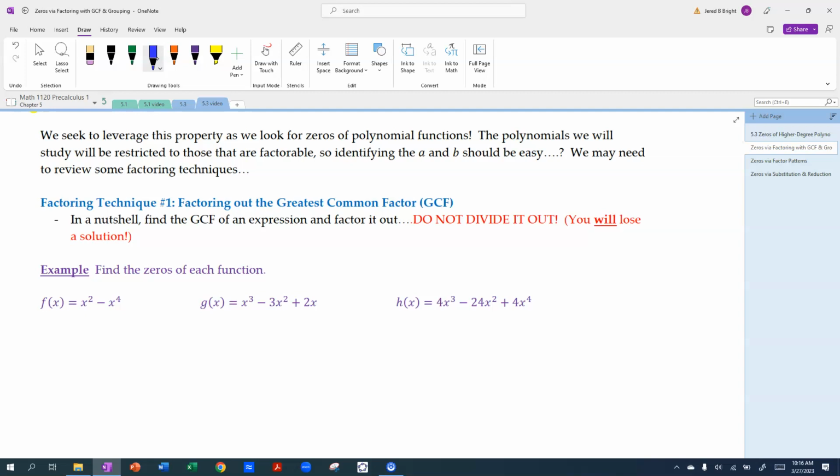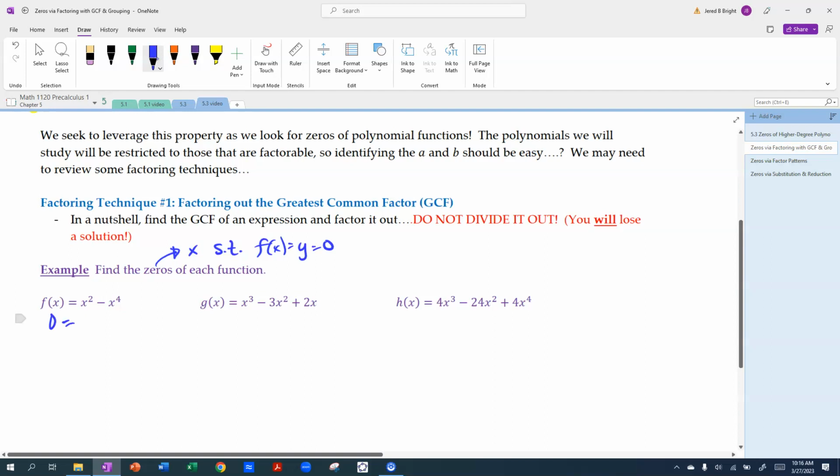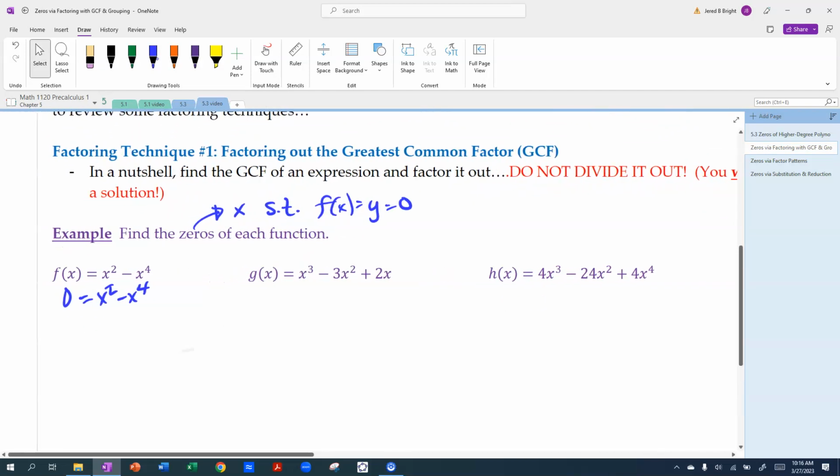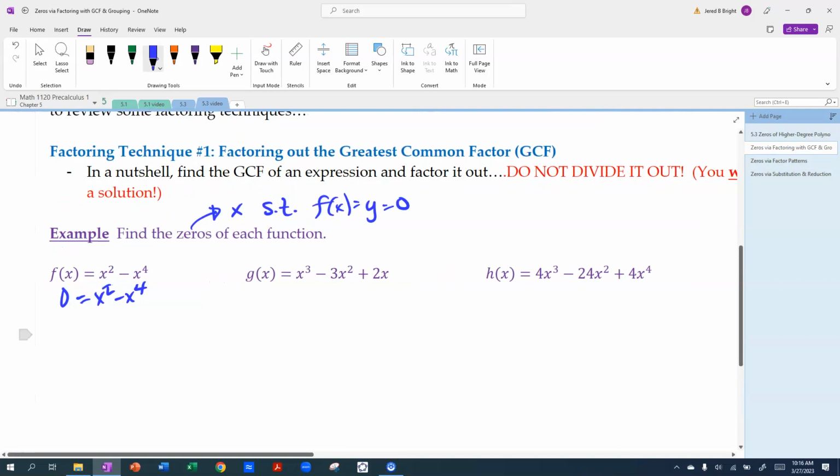Okay, so for example, if we want to find the zeros of each function here, again, zeros, we're looking for x such that f of x, which is y, is 0. So if we're finding the zeros, that's just saying 0 is equal to x squared minus x to the fourth. In this first example, I'm wondering, is there something common to both terms?